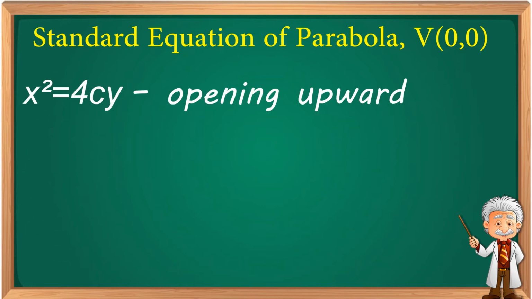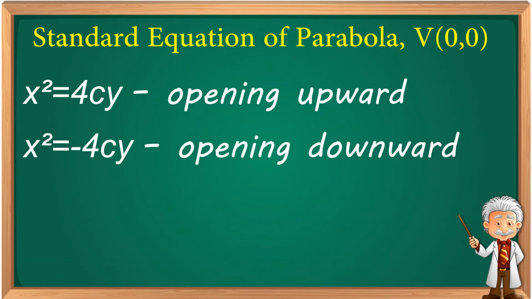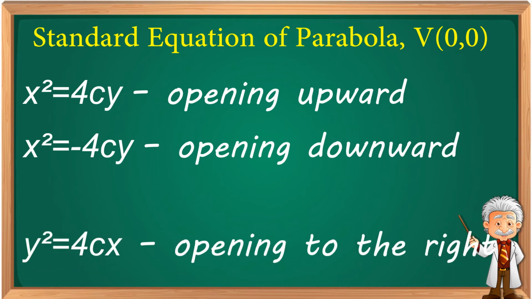So, if the parabola opens upward, our standard equation is x squared is equal to 4cy. And if our parabola opens downward, our standard equation is x squared is equal to negative 4cy. So, what is the difference? It is the negative sign.